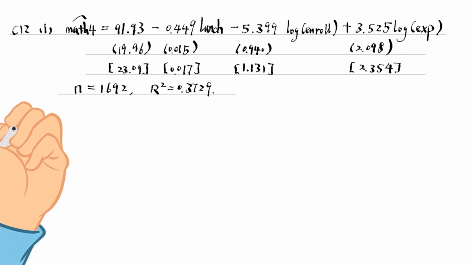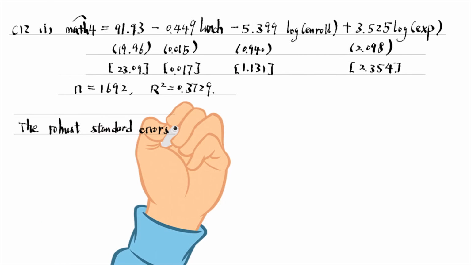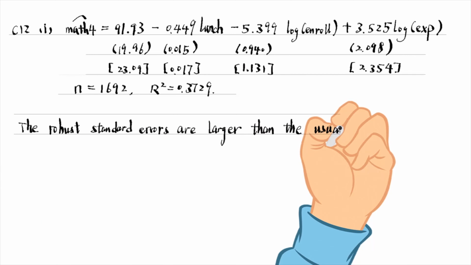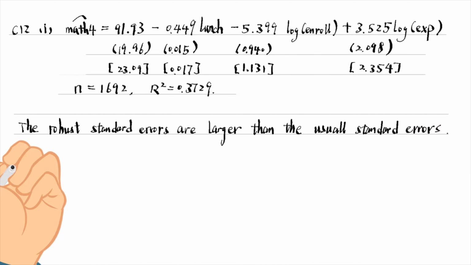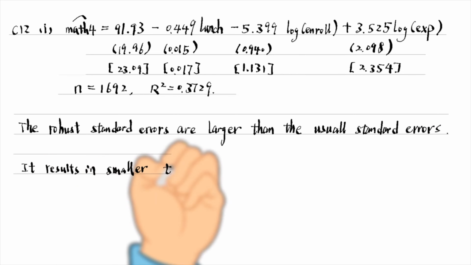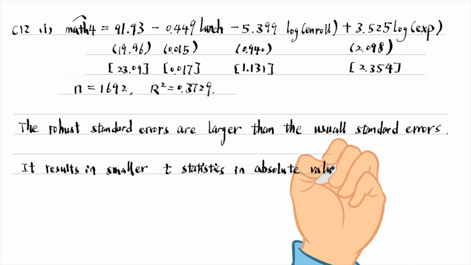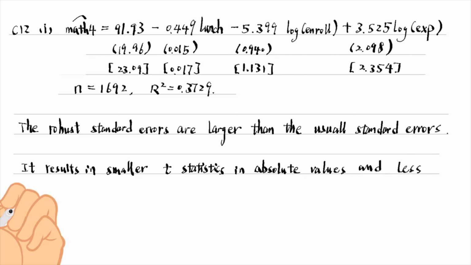The robust standard errors are larger than the usual standard errors. It results in smaller t-statistics in absolute values and less significance using robust standard errors.